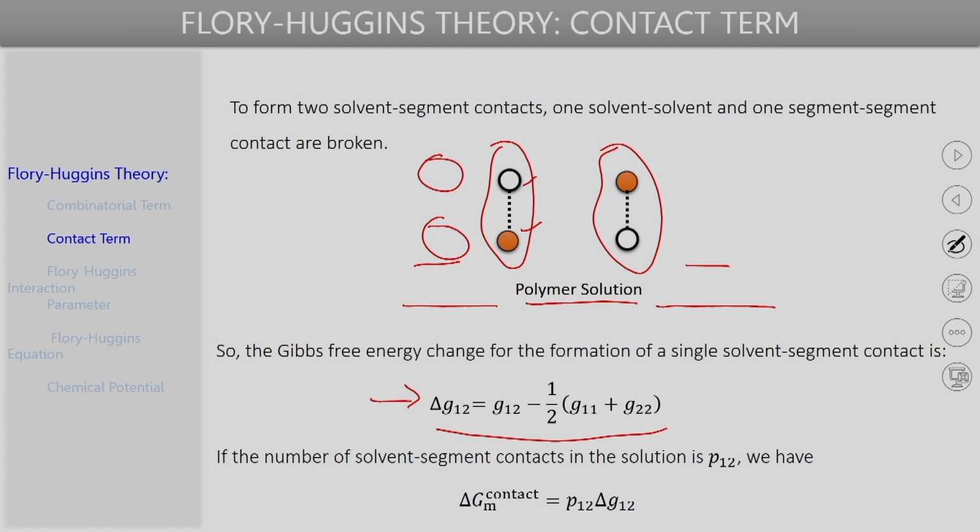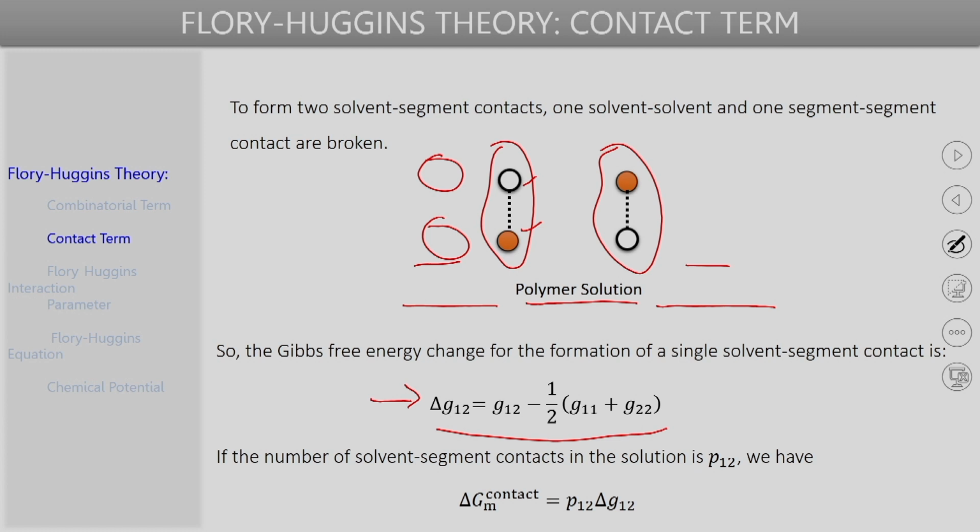Now, let us say that the number of such solvent-segment contacts is P12 in the entire solution that has formed. So, the total contact Gibbs energy change of mixing will simply be given by the product of this P12 times this delta g12.